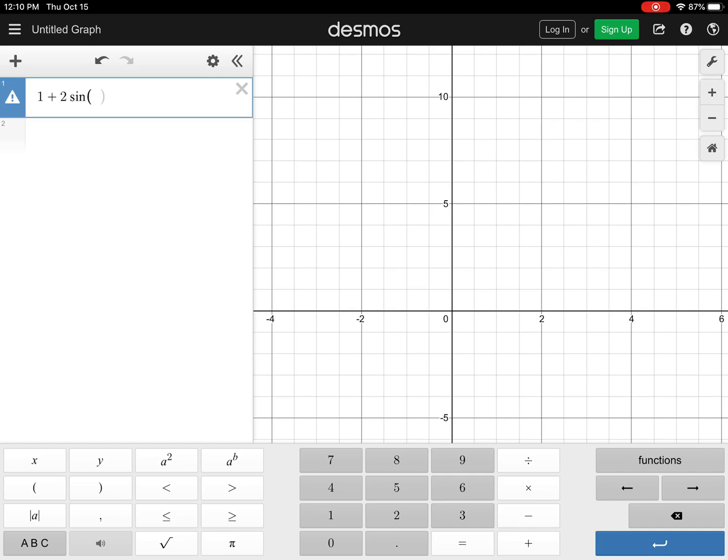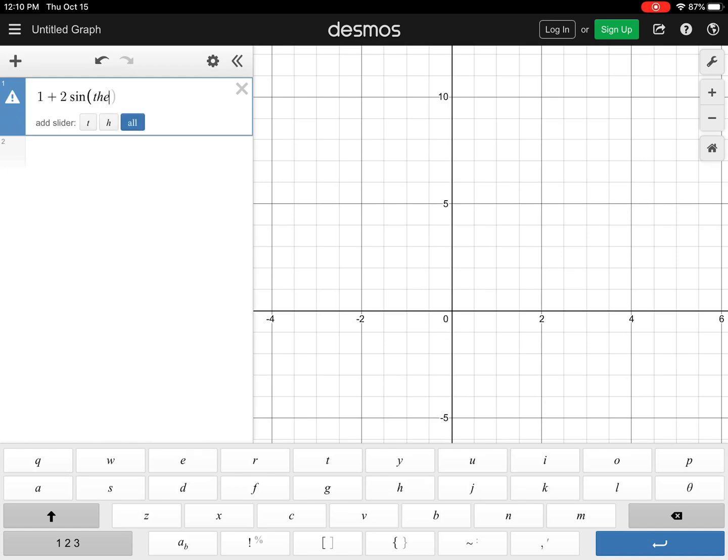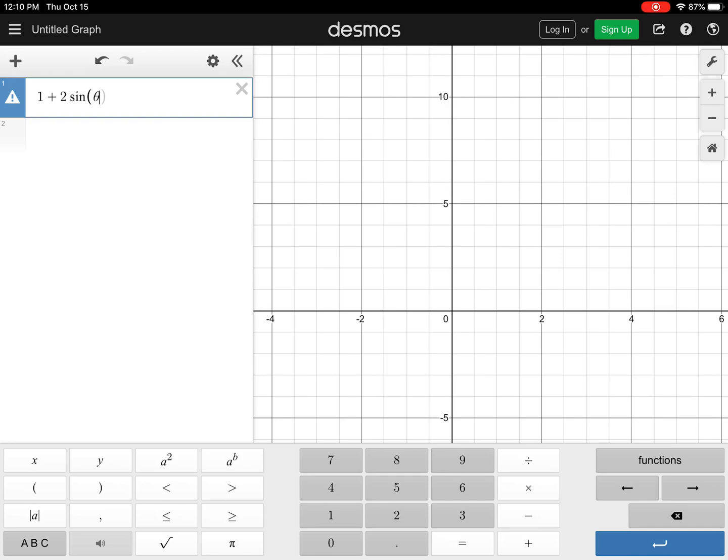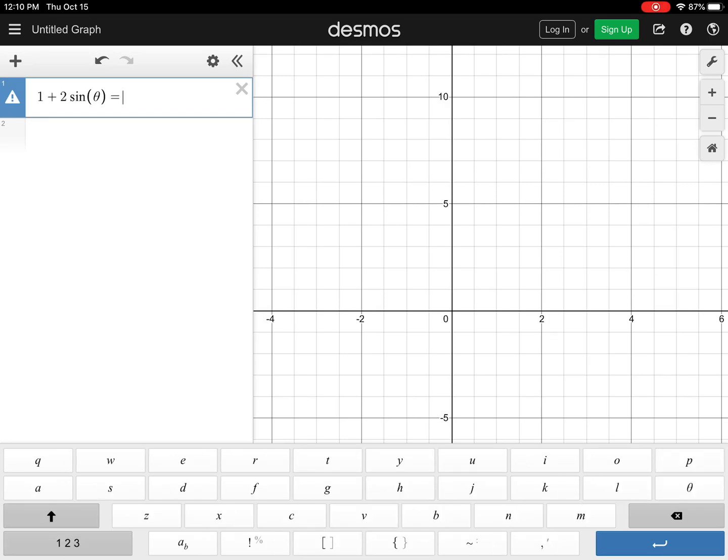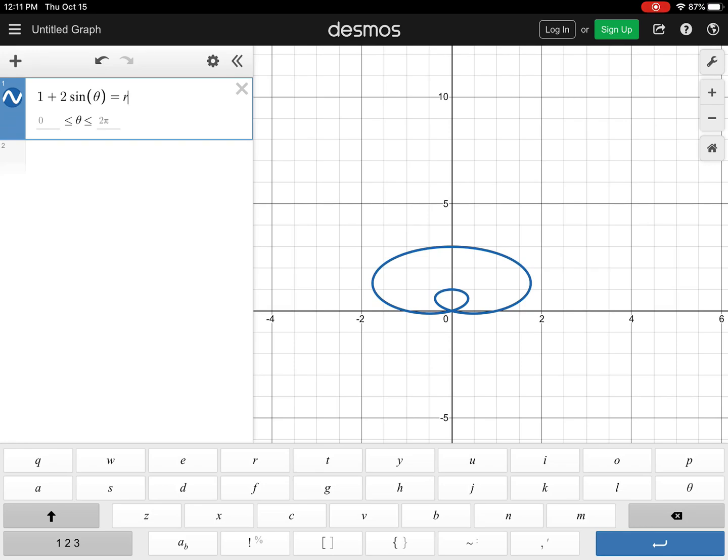All right, here's where you have to be careful because you want to put in theta. Let's see if it just works straight away. Nope. I hope this works. It did. There is a nephroid of Freeth. Pretty cool.